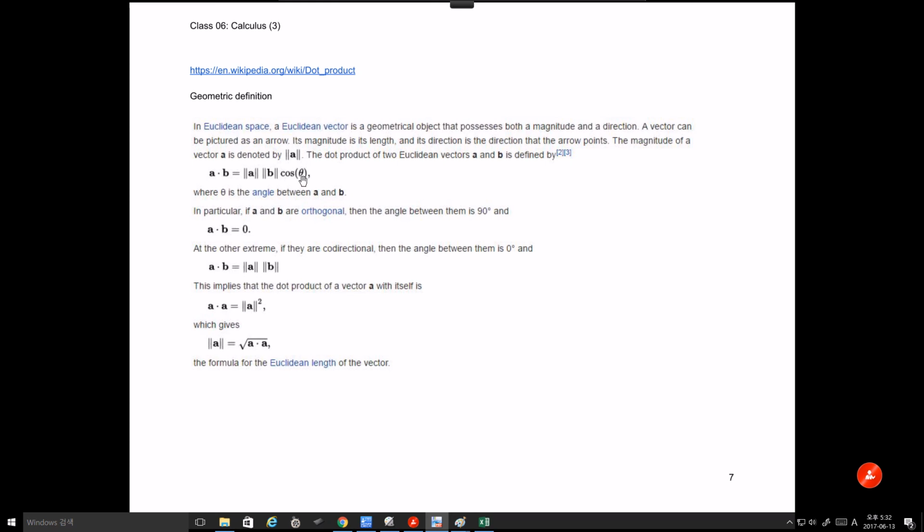Cosine of 90 degrees, which is half of pi, is 0, right? So A dot B, with cosine 90 degrees, is 0. So when A and B are orthogonal, we have an interesting result: the dot product is 0.